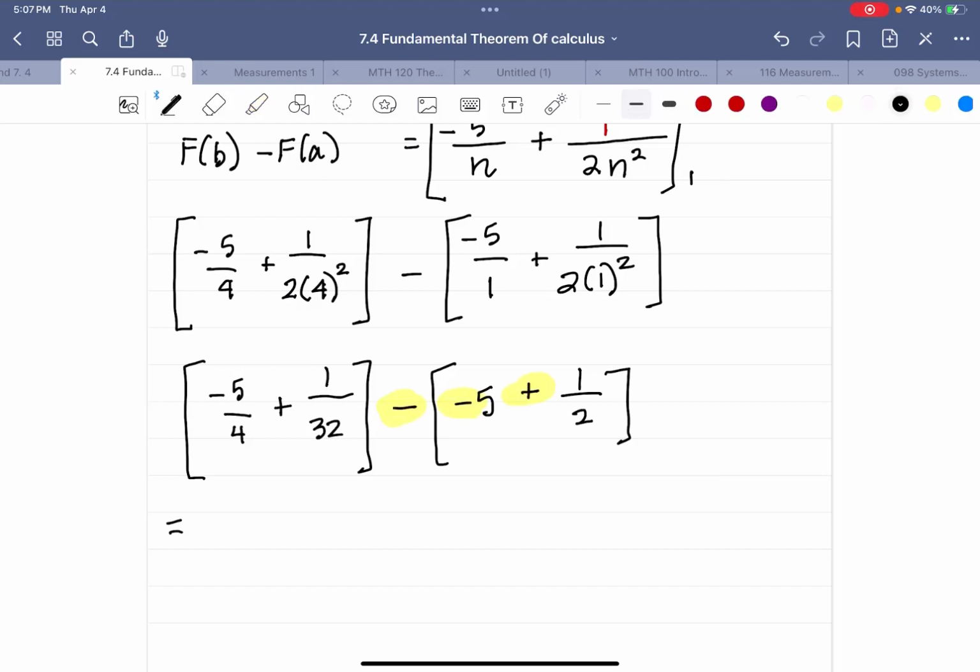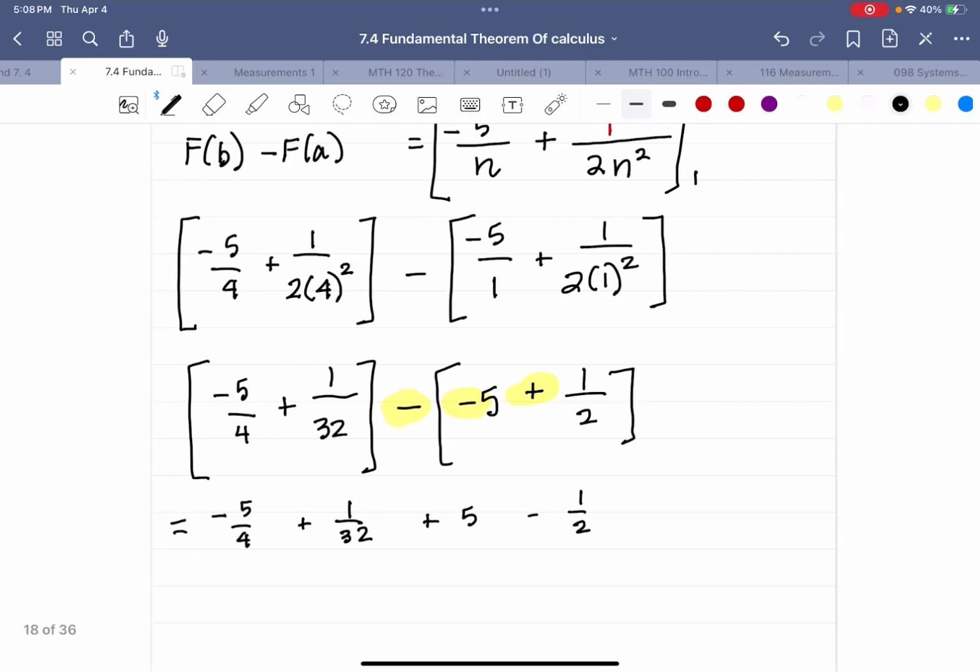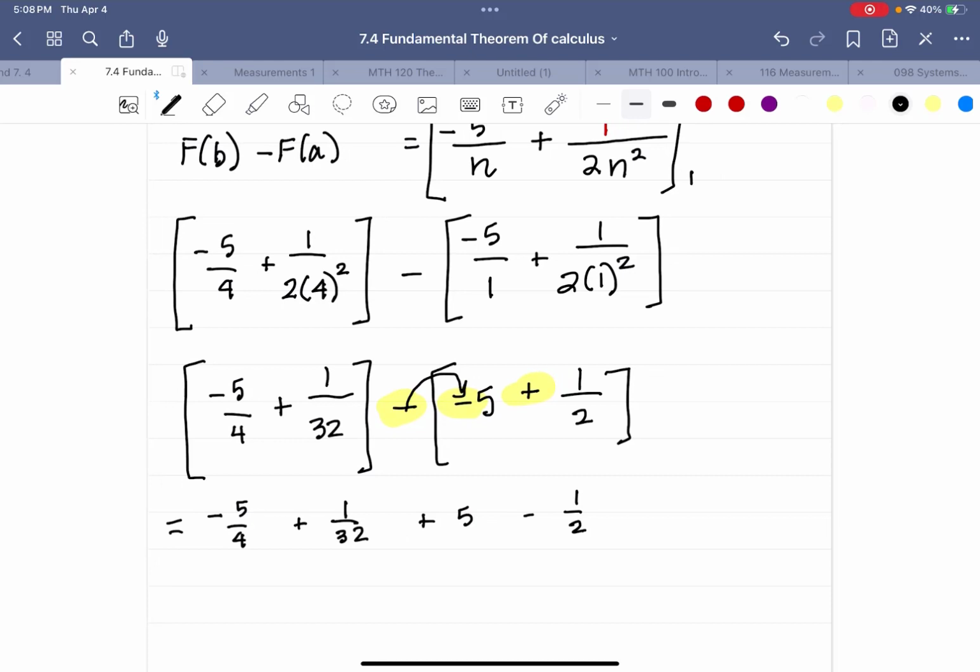So I get negative 5 over 4 plus 1 over 32 plus 5 minus 1/2. This minus and a minus make this plus 5. This minus and plus make this minus 1/2.